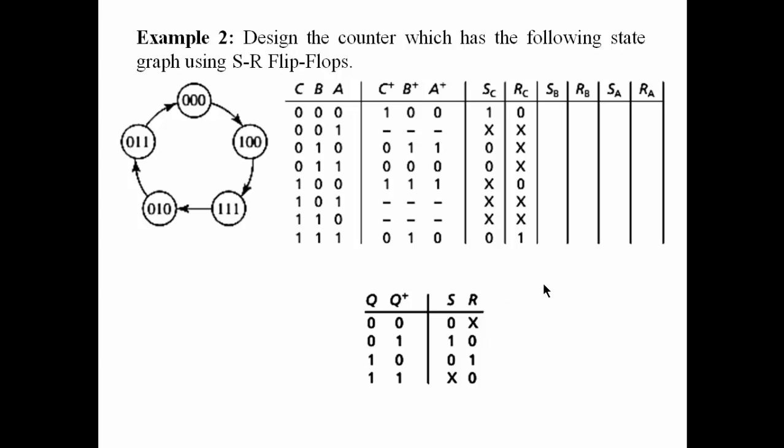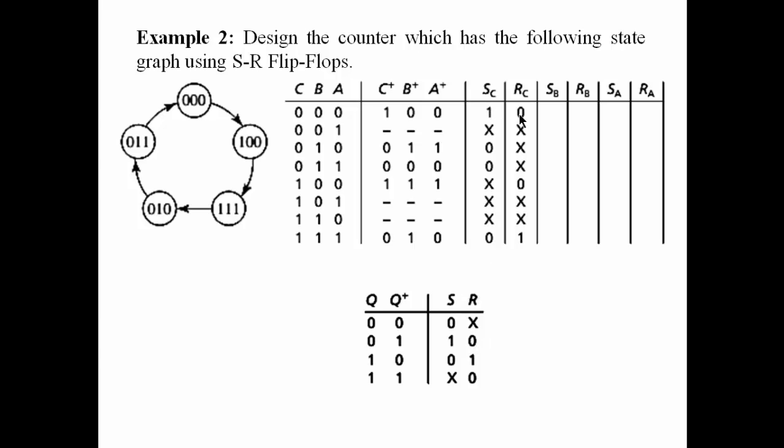In the SR flip-flops, we have two inputs, SC, RC, SB, RB, and SA, RA. Now to fill these two columns, we need to look at C and C plus only. We have 0 and 1. Let's look at the table. When there is 0 and 1, we have 1, 0 in S and R.